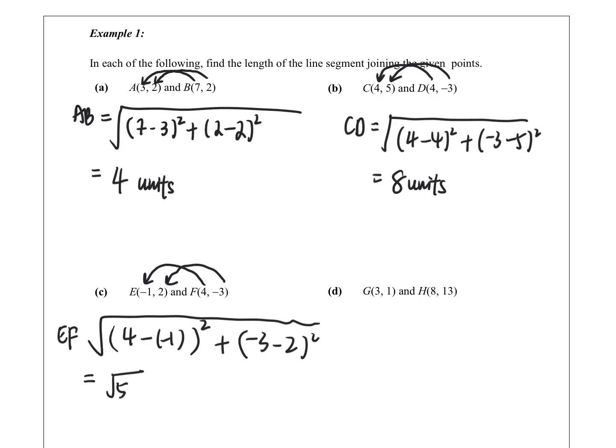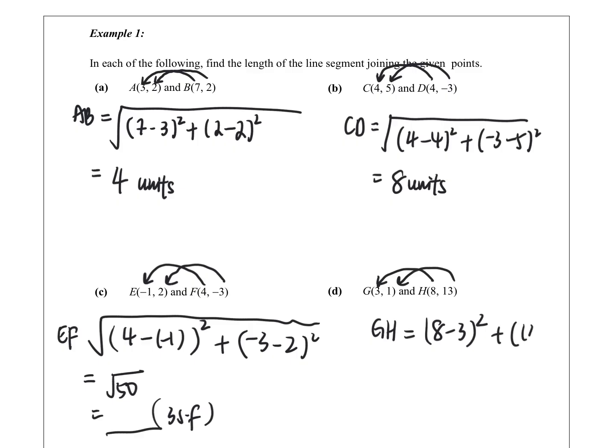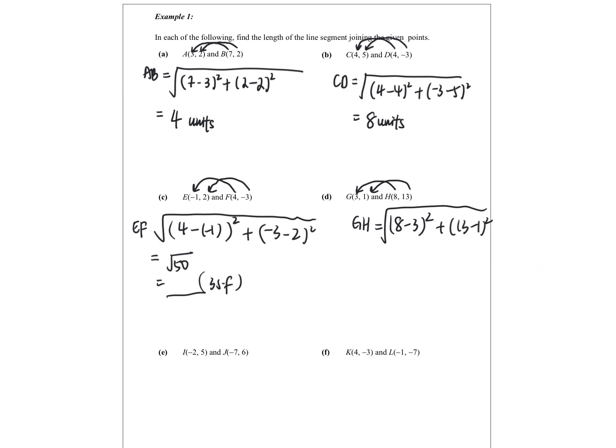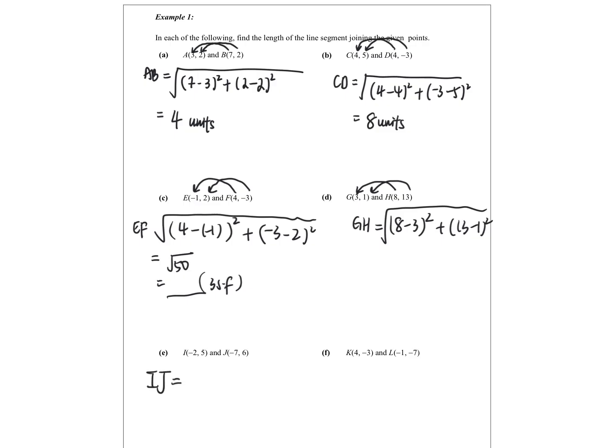Minus, plus, 5 square, 5 square. Isn't it 0 for the first one? Why 0? 7 minus 3 square is 16.